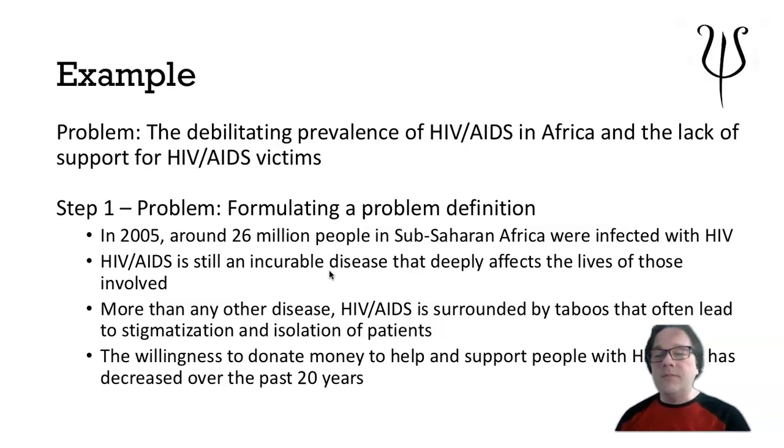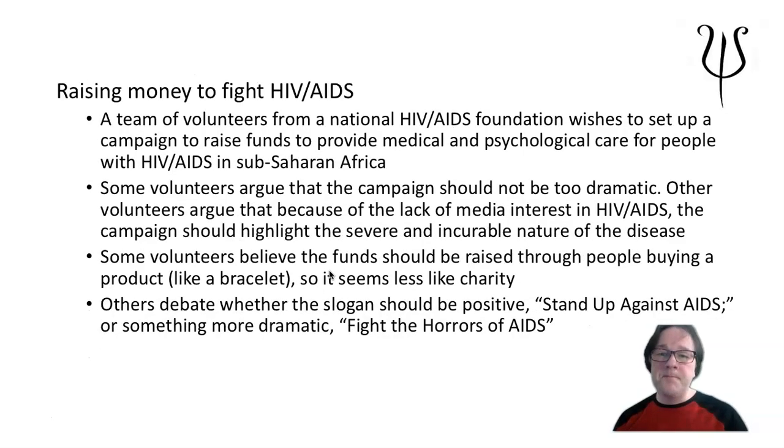But that's in this country, and it's still not wonderful in this country. But it's absolutely devastating in some of the countries in Africa, and in other places of the world. But Africa in particular, a 25% prevalence rate in some areas is pretty alarming, right? So we might again be starting to get into the idea here, like how do we get people to fund or donate to help fight HIV/AIDS?